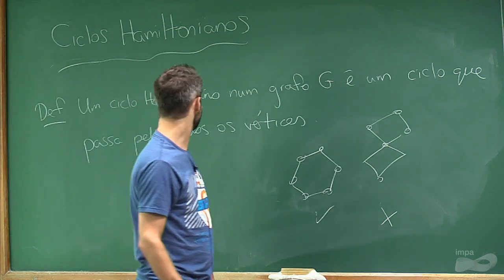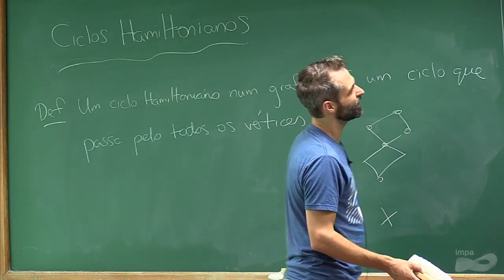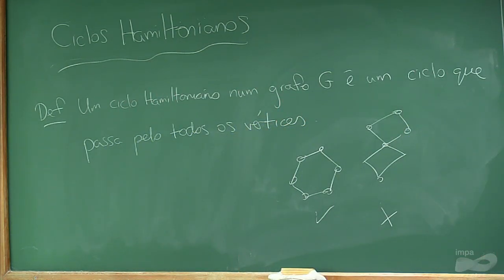Okay, so question. What conditions guarantee that there's a Hamiltonian cycle in your graph? Yeah, so that's definitely necessary, right?